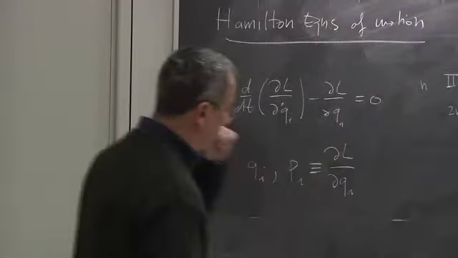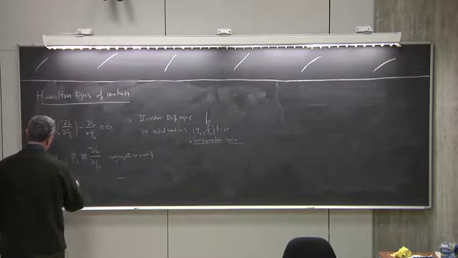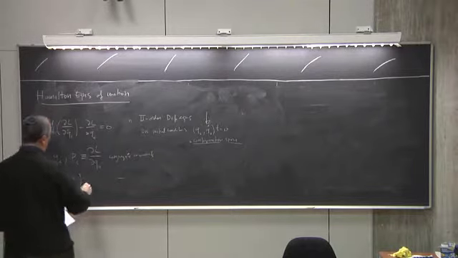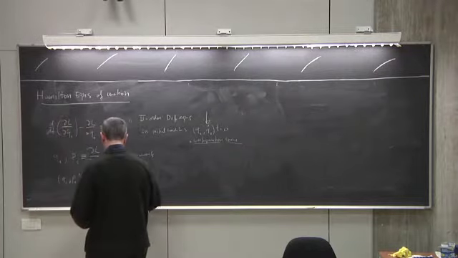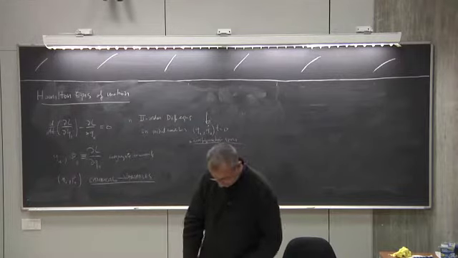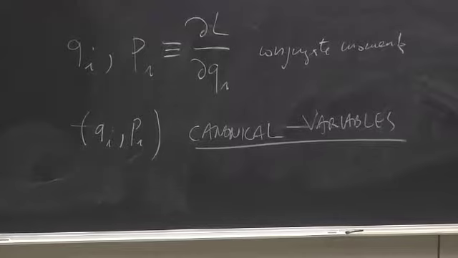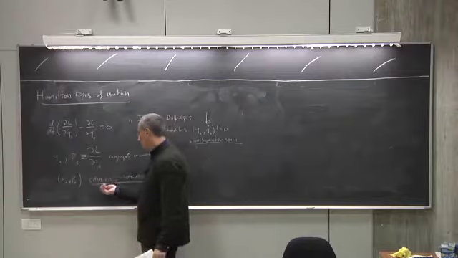So from this point of view, rather than using q dot i, it's much nicer to use as variables qi and pi. So these are called canonical variables. Now, canonical, you know what that means?